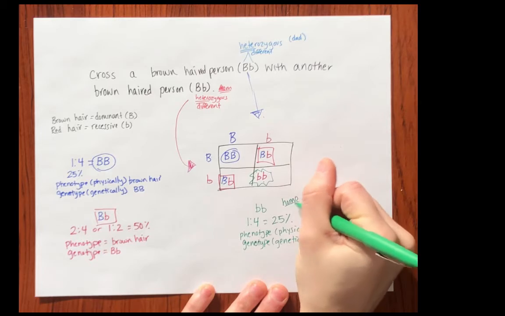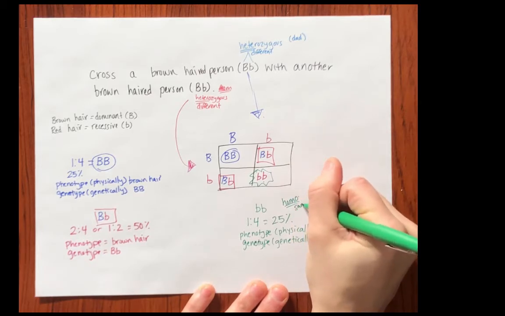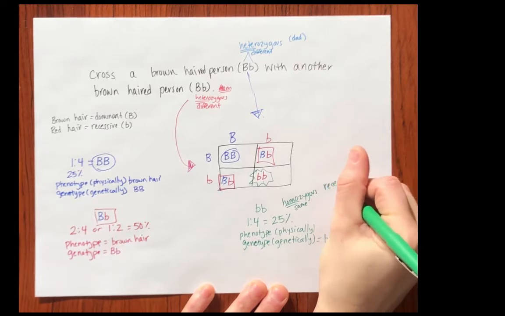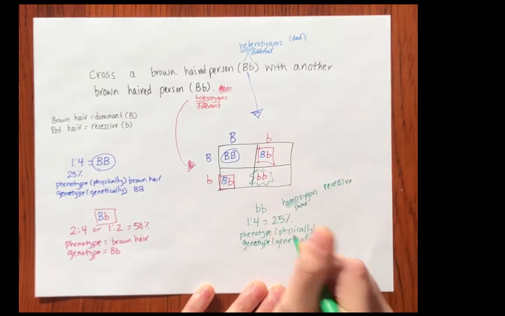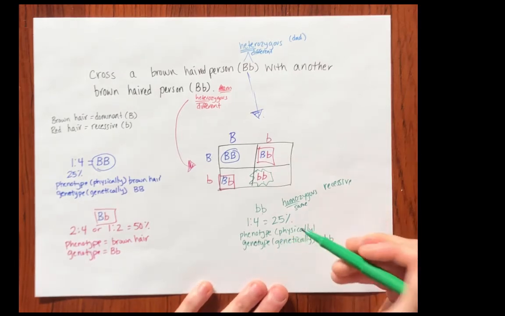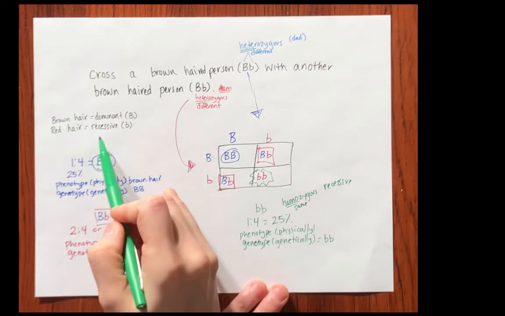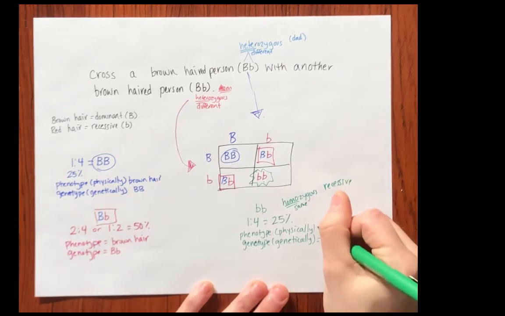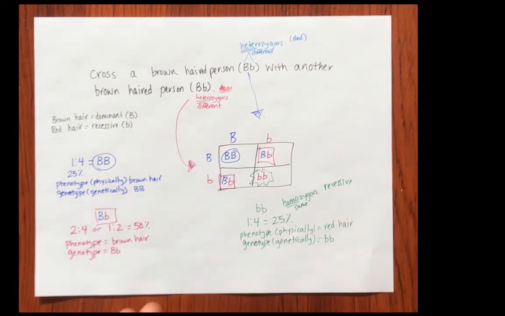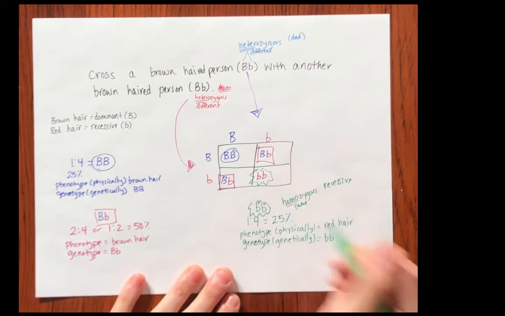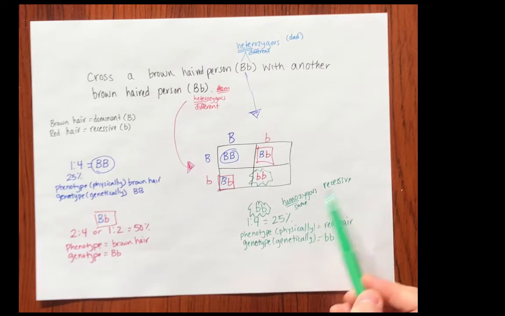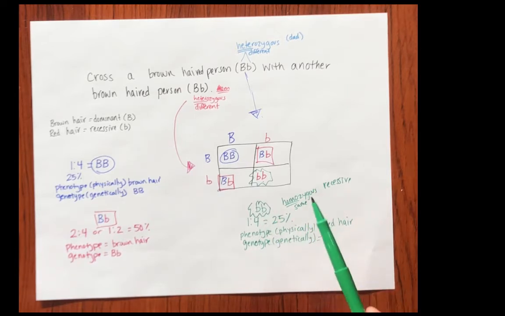Remember, homo means the same. And they're recessive because they have the two little b's. Because they are homozygous recessive, the recessive trait is red hair. So this one, they are going to have red hair. And this one is homozygous recessive because it's got the two little b's.